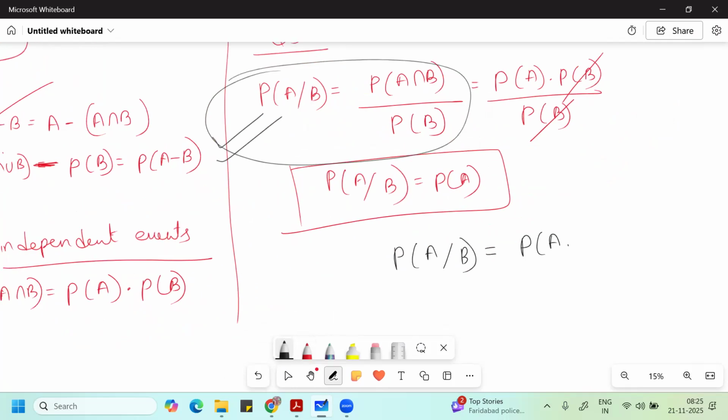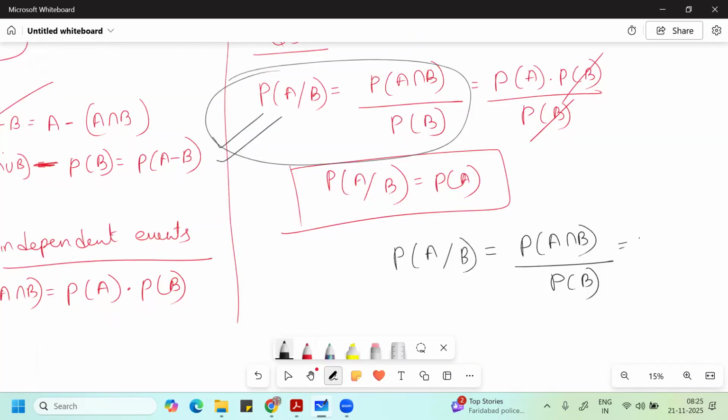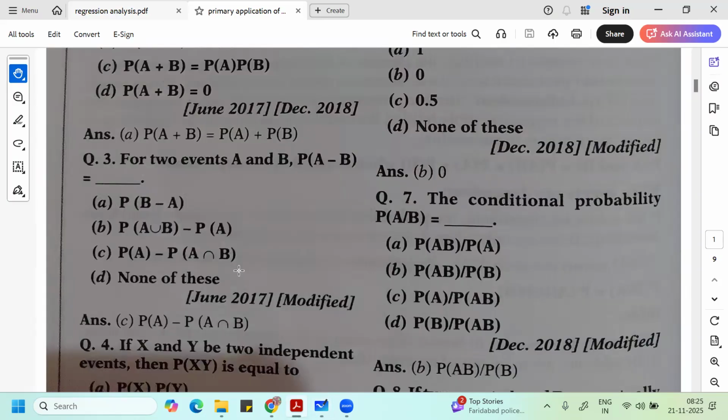That is equal to probability of A intersection B divided by probability of B. So here the conditional probability of A by B is equal to probability of A intersection B by probability of B. A intersection B, option B. In books, the intersection is written in the multiplication form. So the answer for this is option B. Question number 7, the answer is option B.